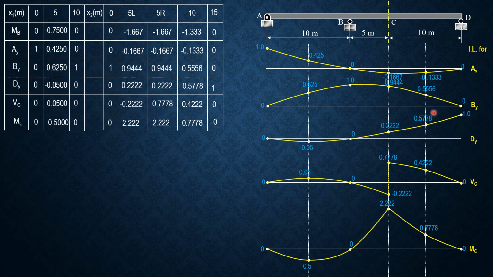So you just look at the influence lines, then there's a corresponding equation for that curve and apply the definition on how to maximize that specific function.